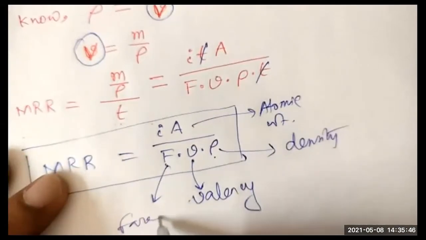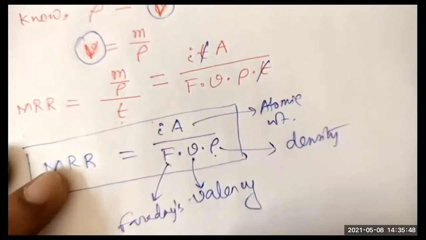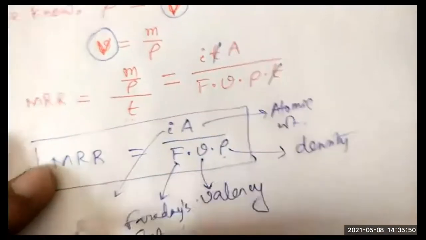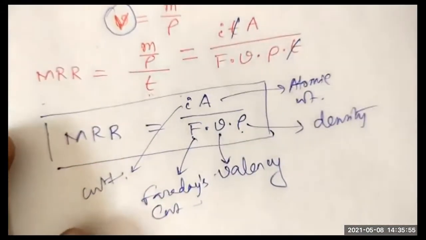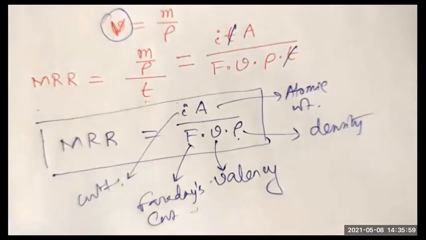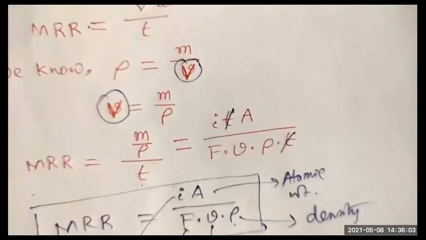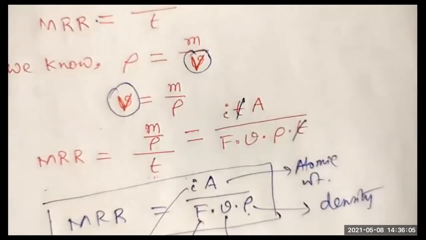Okay, F is Faraday's constant, and I is current. Clear? So this is how we need to find out the MRR, or material removal rate.